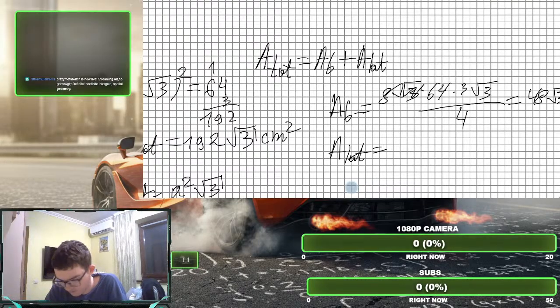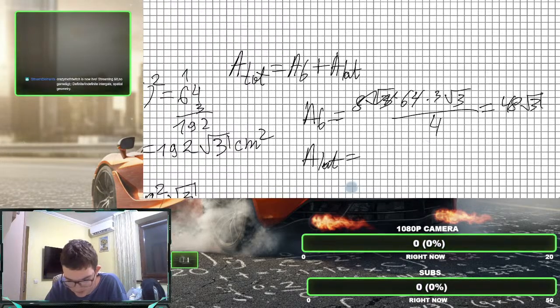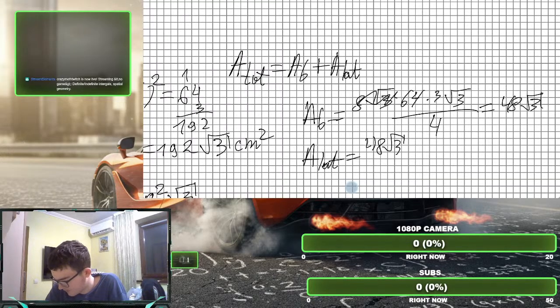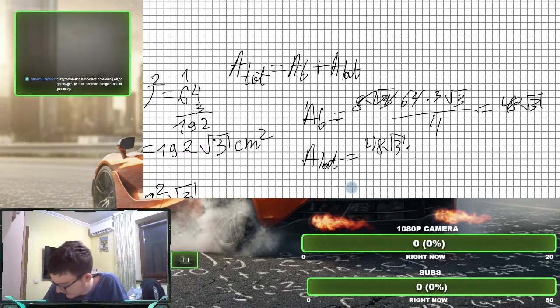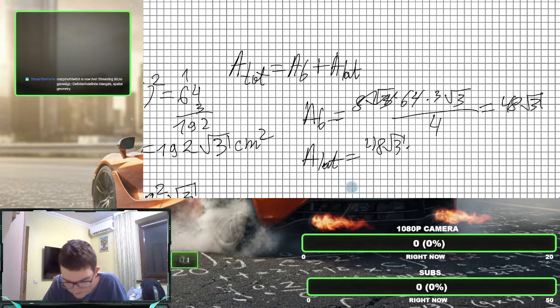Now, this one from the side, formula is area of the base times AP, which is 4 square root of 2. Actually, it's not this, it's not this.